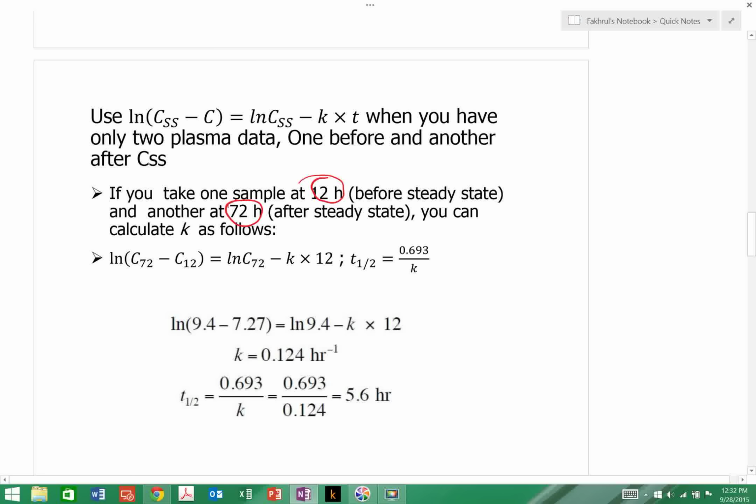So you put this data in this equation here. In this case the 72 hour data was 99.4 microgram per milliliter, and the time interval is 12, and then you just plug those data into this equation. This will give you K, and from this K you can calculate T half.